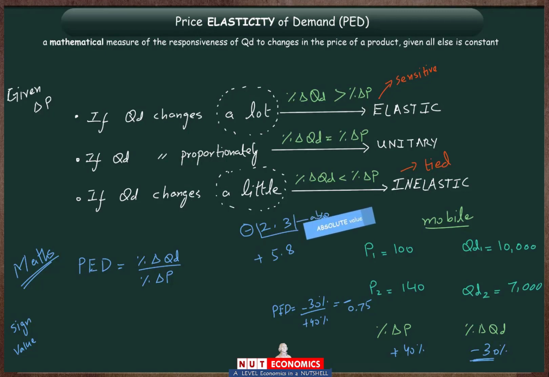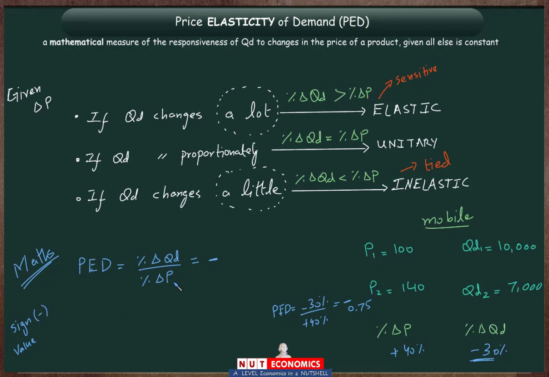So if you ignore the sign, basically what you are left with, the number, is an absolute value. So as far as price elasticity of demand is concerned, whenever you apply this formula, the answer, first of all, remember, will always be negative. That is, the sign of PED will always be negative.